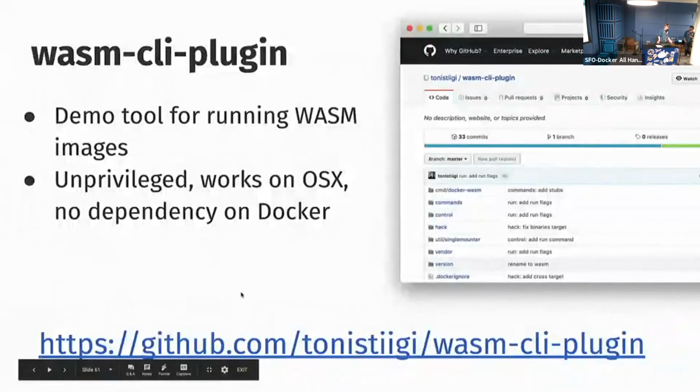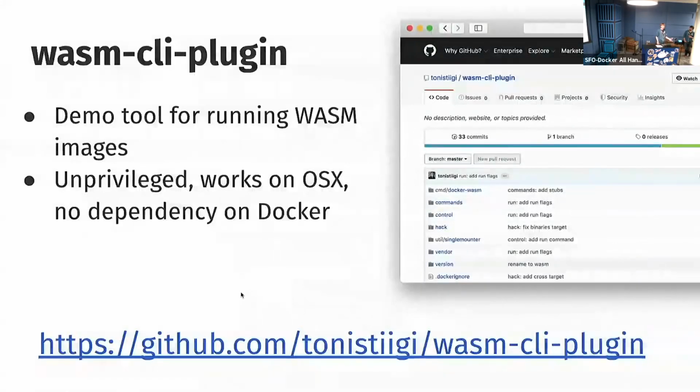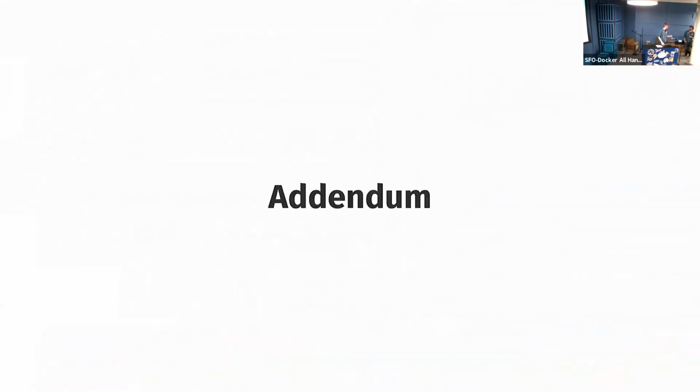You can just get it, and this runs on any platform as an unprivileged user, with no dependency on Docker or anything like this, and is fine-tuned for Wasm only. So it will only pull Wasm images out of the box and things like that. And with that, I'm passing it back to Tibor.